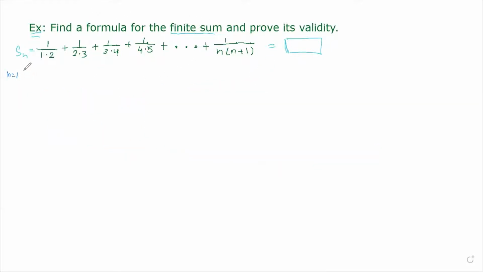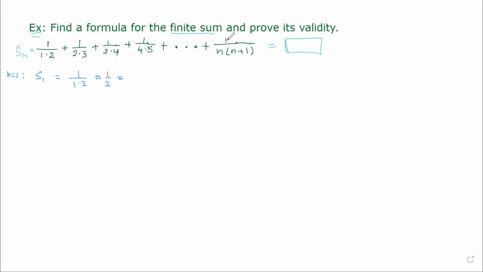n equal to 1 first, right? So you replace n to become S1, equal to 1 over 1 times 2, which means 1 over 2, right? And then you can see term 1, term 2, term 3, and so on until the last term.